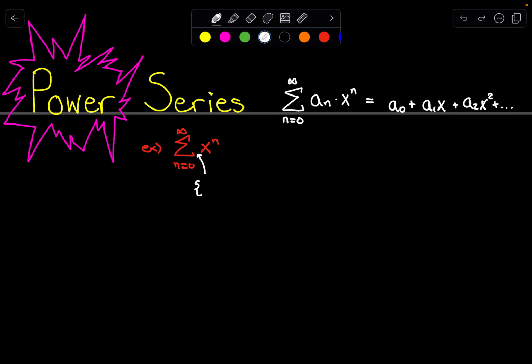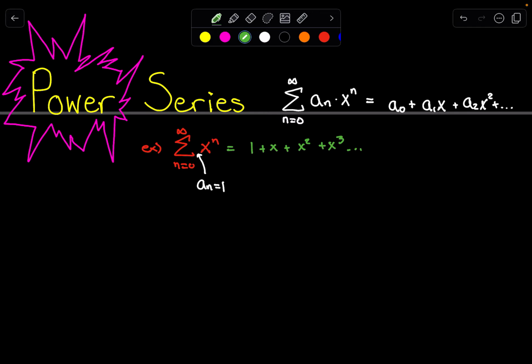The terms in this series are going to be, if I plug in 0, I just get 1. So I get 1, and then plus x, and then plus x squared, and then plus x cubed, and dot, dot, dot.